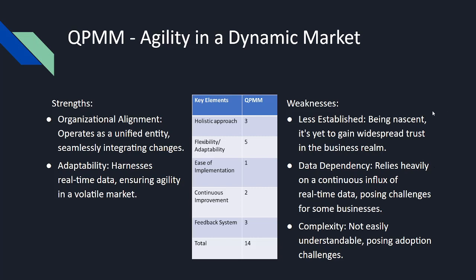And then we go to our rating scale. So, holistic approach does a mediocre job with a 3, extremely flexible. However, the ease of implementation, very poor, as it is very difficult to implement. And then continuous improvement, besides itself being an improving model, it doesn't really help the improvement of the employees as it changes extremely fast.